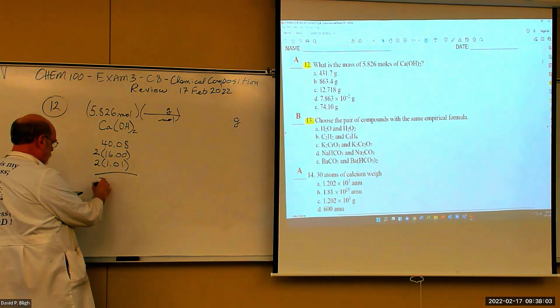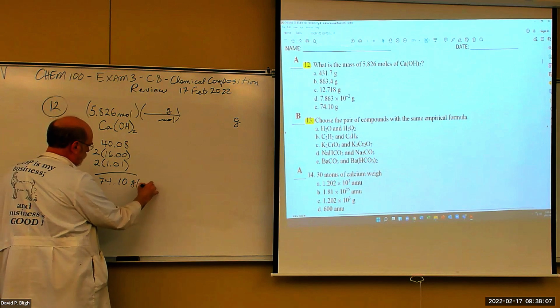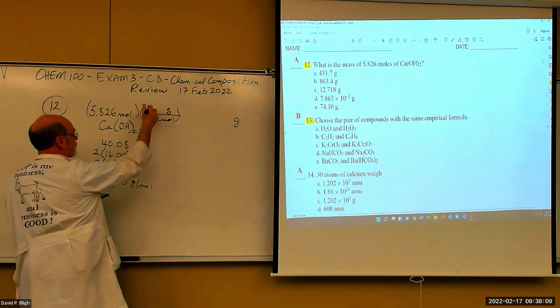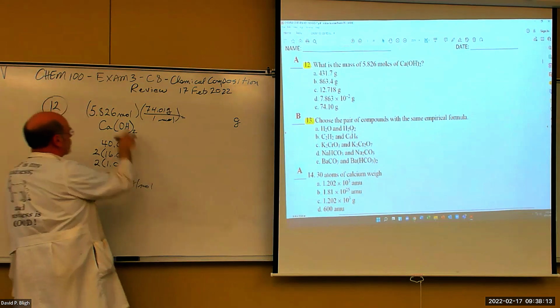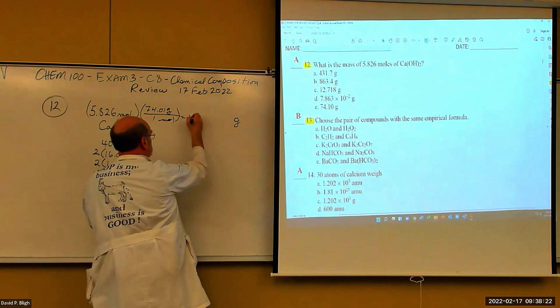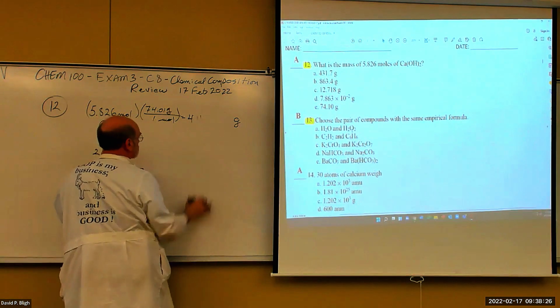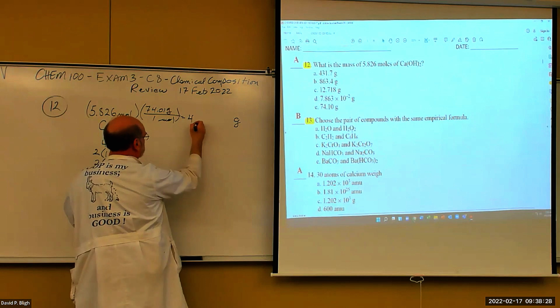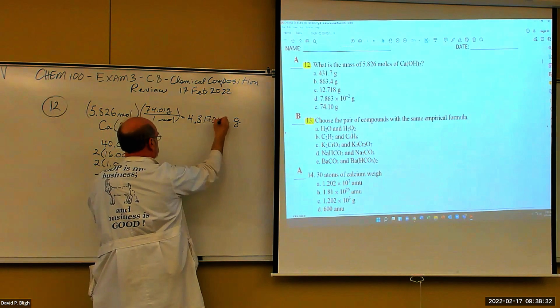I get 74.10 grams per mole. So grams is up here, moles there, and we just multiply it by 5.826 moles. And I get 4.317066.